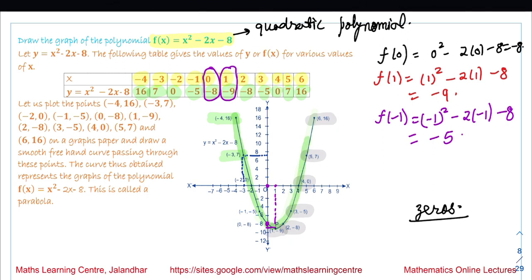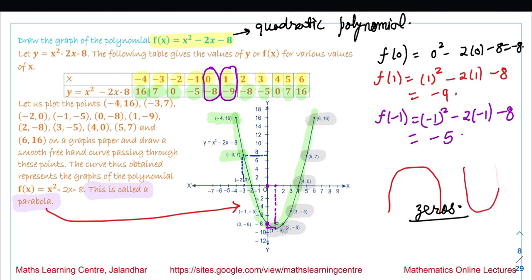This shape of graph is called a parabola. This is not the exact definition of a parabola, which you will study in your next classes. These kinds of shapes, it may be like this, like this, like this. All these are parabolas.